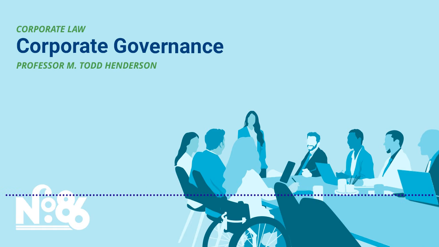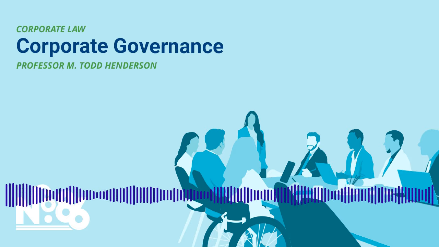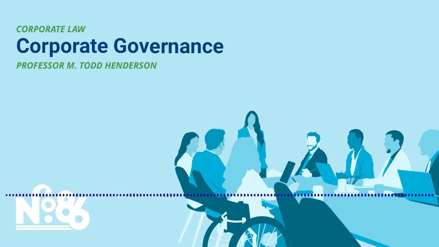All of the liability for doing things wrong falls on the directors. If the shareholders have a plausible claim that they've been harmed by actions taken by the corporation, they sue the directors.